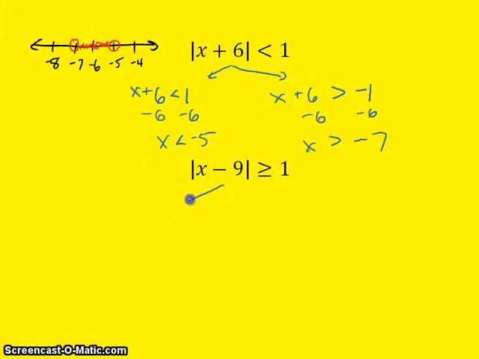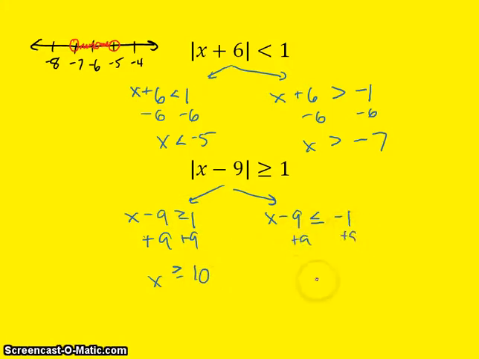Down below here, break it up into two parts. Remember the inequality almost as it looks without the absolute value. And the second one is the same except flipping the sign and making that last number negative. So now to solve, add 9 to both sides. So x is greater than or equal to 10. And here adding 9, x is less than or equal to 8.